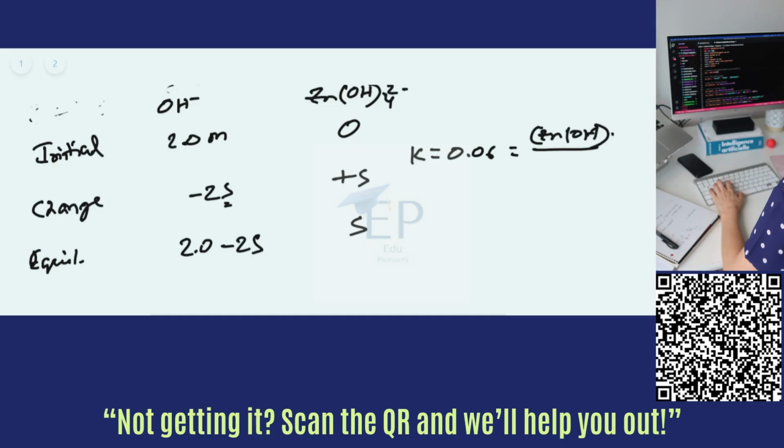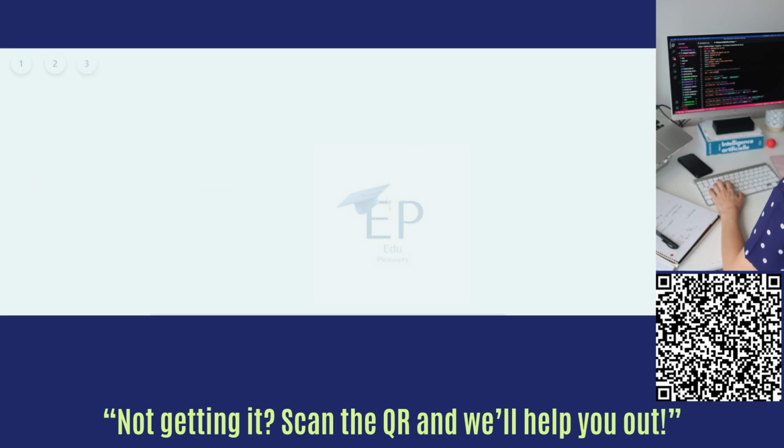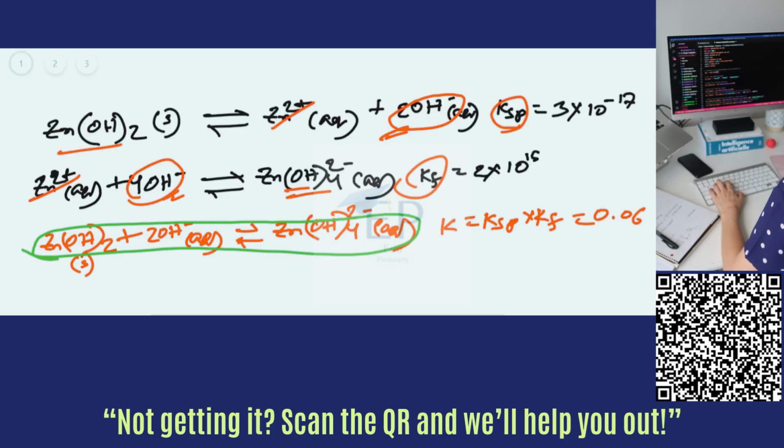Zn(OH)4 2 minus, and the denominator we have OH minus square, and since we have a coefficient of 2 in hydroxide, we have to put a square on it. So why haven't we included the zinc hydroxide from here?